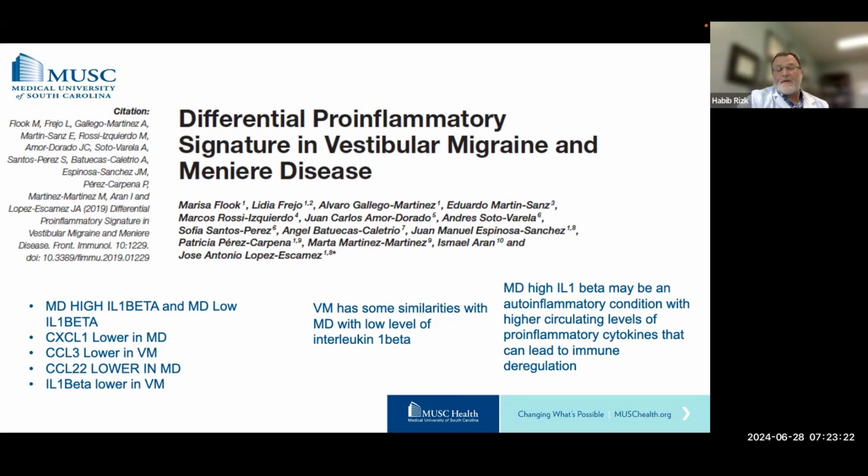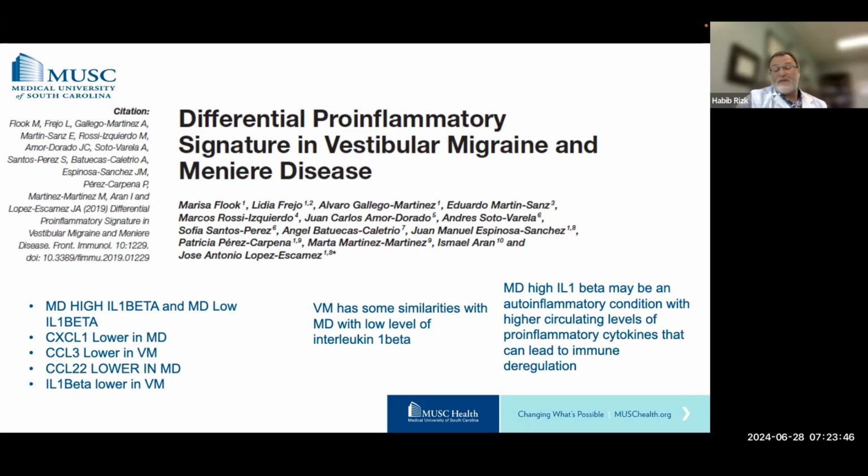So there's a thinking that Meniere's disease can be divided into two groups from a basic science standpoint, if I may say. One that has high levels of IL-1 beta and one that has low levels of IL-1 beta, with vestibular migraine patients presenting with similar inflammatory signatures as that of the Meniere's patients with low levels of IL-1 beta.